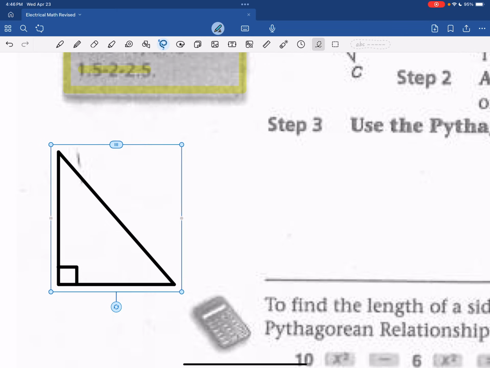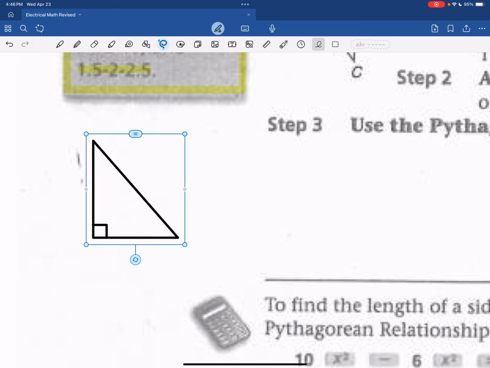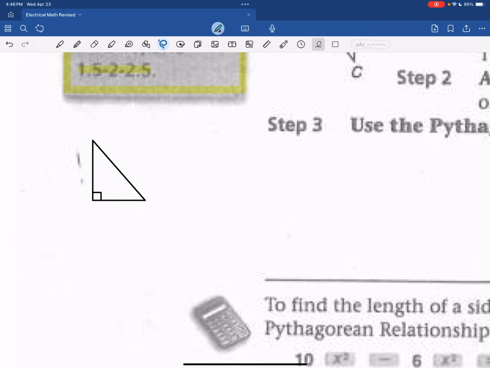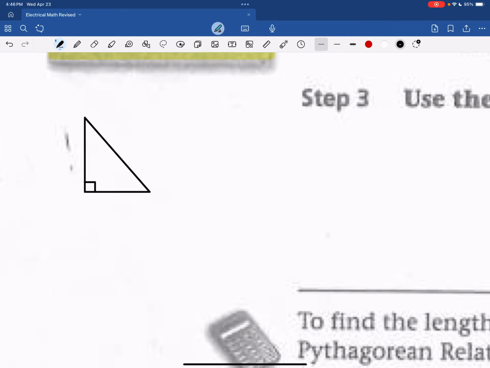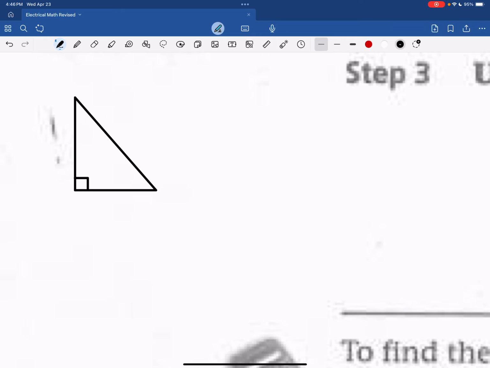So here is a right triangle that I've drawn. And I want you to imagine that the dimensions of this right triangle are 3 units, 4 units, and 5 units.